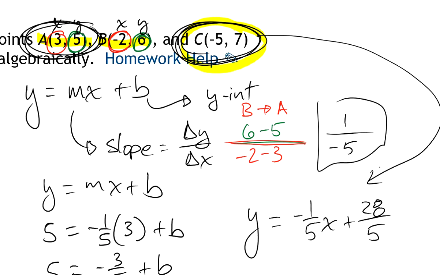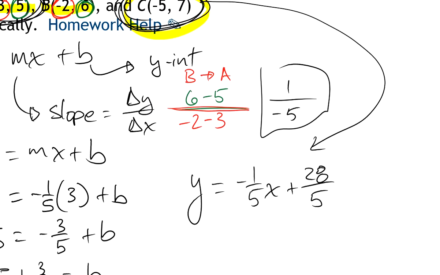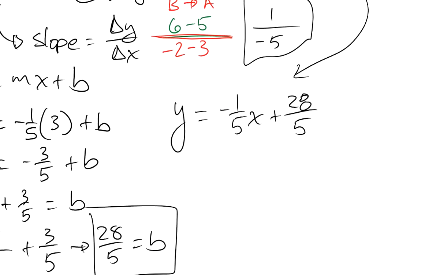So our central question now is, does this point C satisfy this equation, right? Does that point make this a true statement? If it does, then they are collinear. If it does not, they're not on the same line. So when I plug in x is negative 5, on this side I have a negative 1/5 times a negative 5 plus 28/5, which will just become a plus 1.